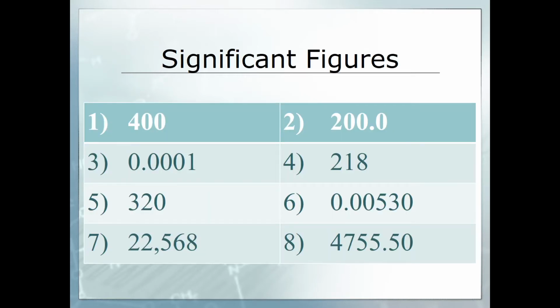So how many significant figures are in problem 1? One. So we don't include the trailing zeros. What about number 2?